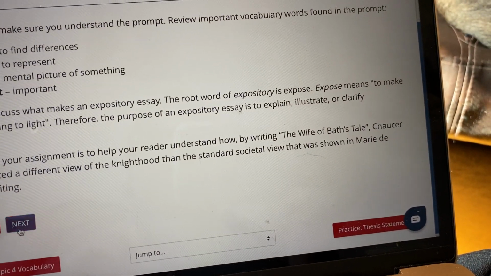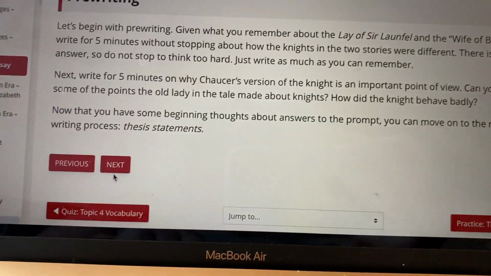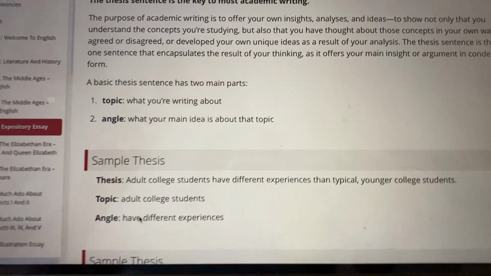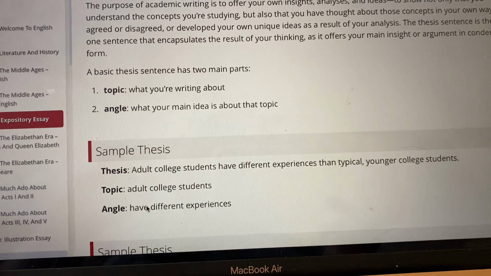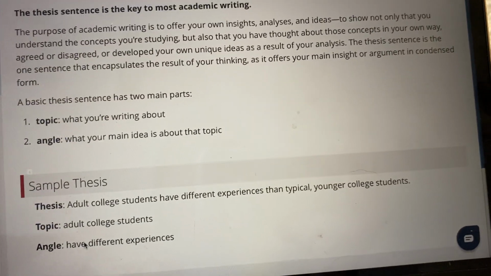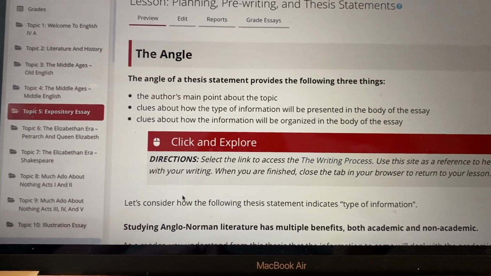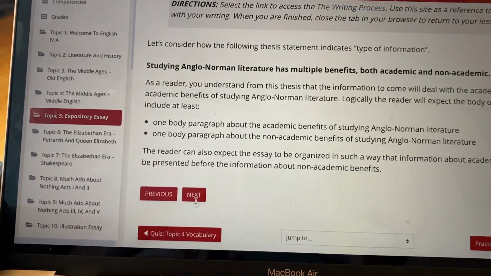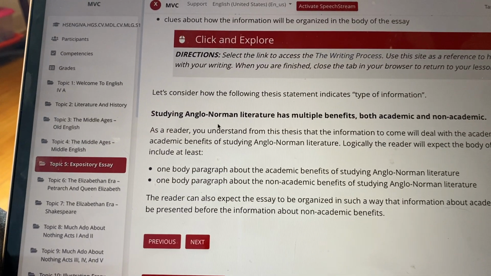All right, so for your essay, you've got your thesis. Your thesis should be the simple fact that both of those have contrasting views of knighthood. If you read through all this, one body paragraph, as a reader, you understand from this.